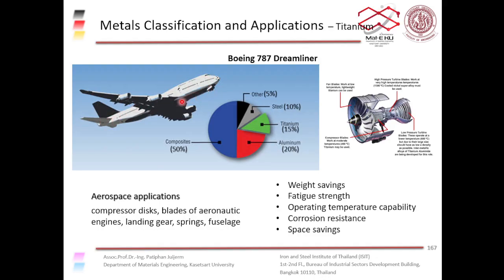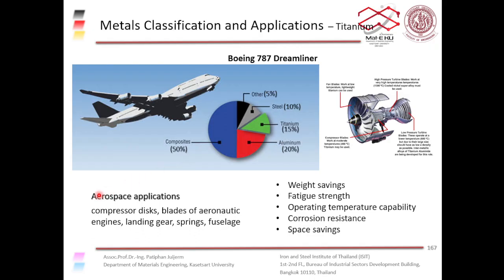Some parts, like the structure that has to connect to the engine, will be made from titanium, but some parts that require really high strength will still need a specific type of steel, right? But you can see that 50% is made from composite material. That will save a lot of weight and make it really fuel efficient so it can fly further.